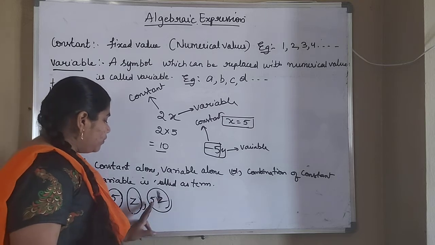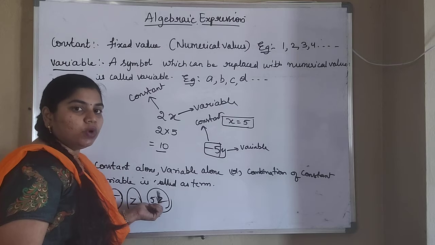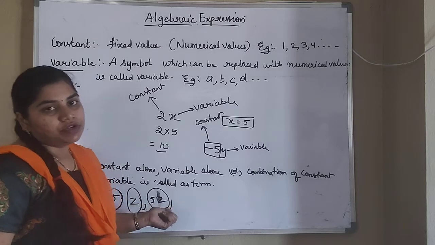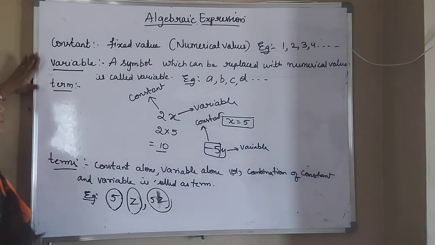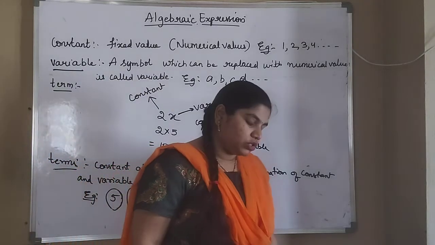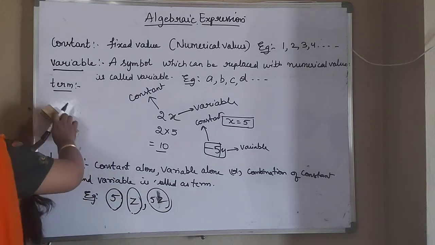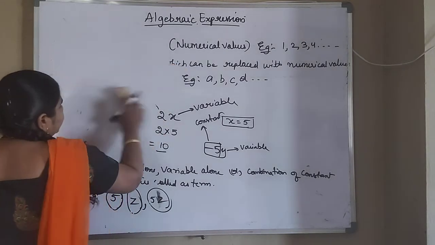And the combination of these two, 5 is a constant, z is a variable, I am combining these two, so that is also called a term. So these are called constant, variable and term. Next we are going to the next definition, that is called numerical expression. So what do you mean by numerical expression, we will see.